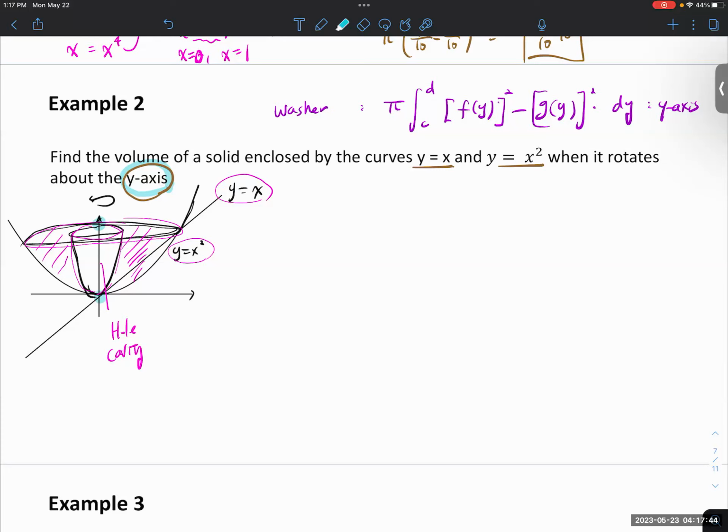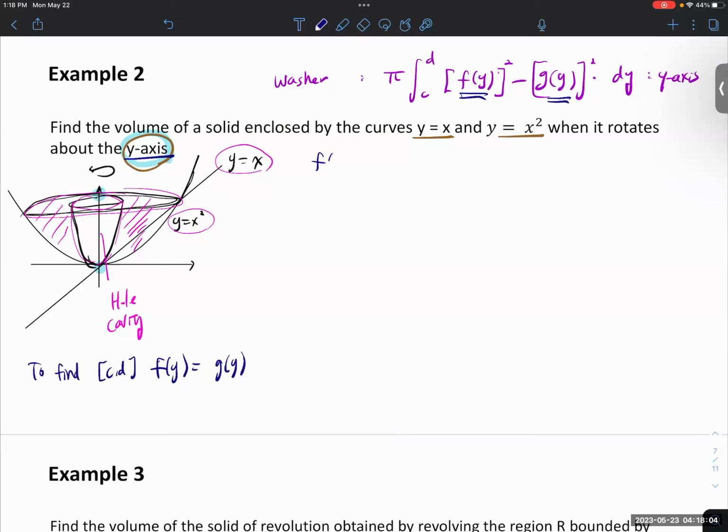To find C and D, we're going to say f of y equal to g of y, because they're rotating about the y-axis, so everything should be in terms of the y variable. So let's take a look. f of x is what? y equal to x. And then let me say y equal to x squared, quadratic, because that looks higher.